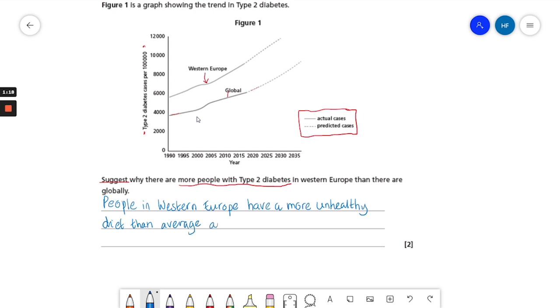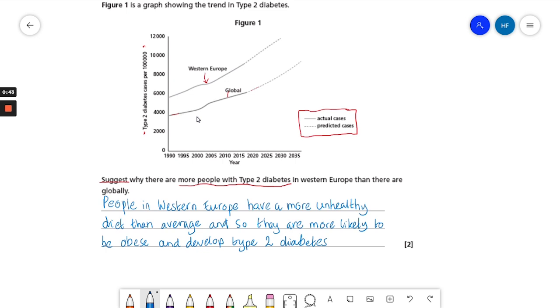And so, there's my linking word, and so they are more likely to be obese and develop type 2 diabetes.